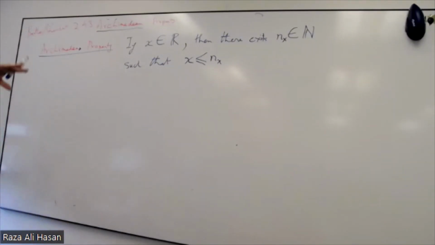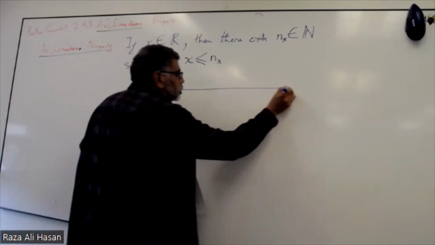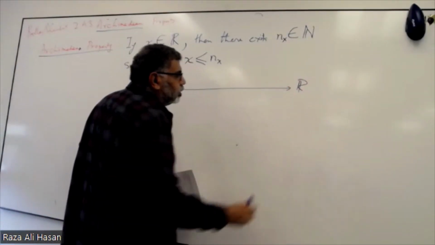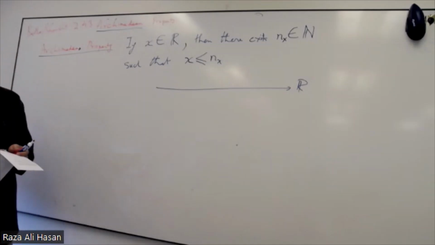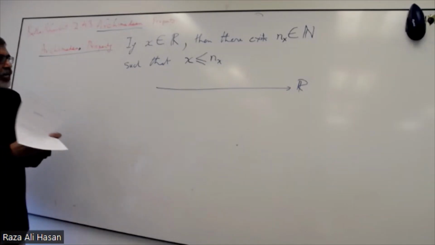All right, so let's try to visually see this representation, right? So we have the real number line, and somebody tells me, okay, we need to put in our natural numbers in there, right? So we've been doing it like this.